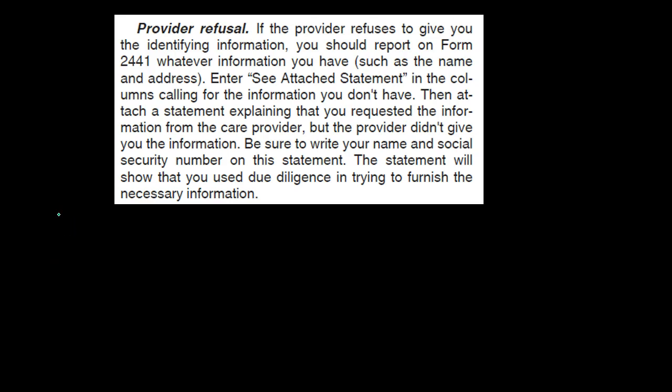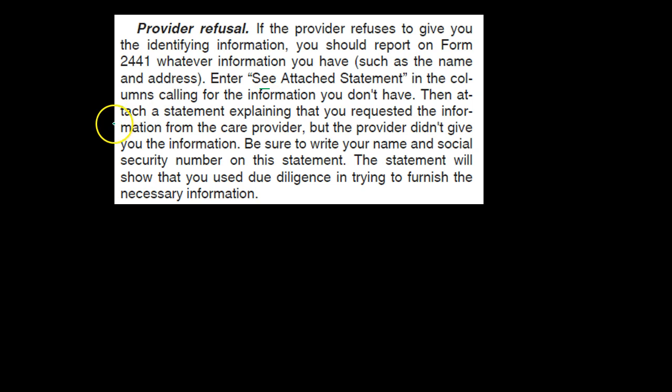So provider refusal. If the provider refuses to give you the identification number, you should report on Form 2441 whatever information you have, such as the name and address. Enter "See attached statement." So then we'll have an attachment. You can say, here's the name and address, this is what we have, and then attach a statement to the tax return in the columns calling for the information you don't have.